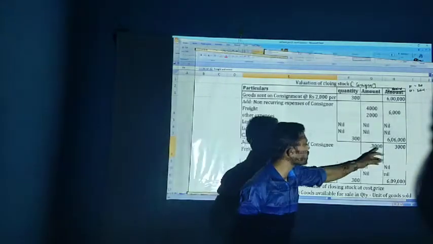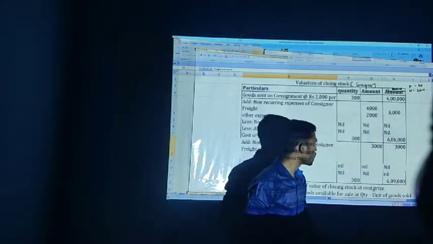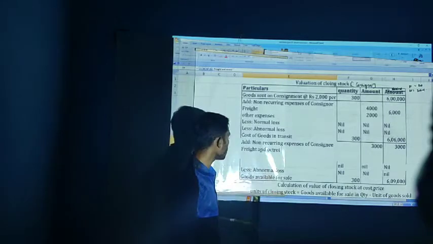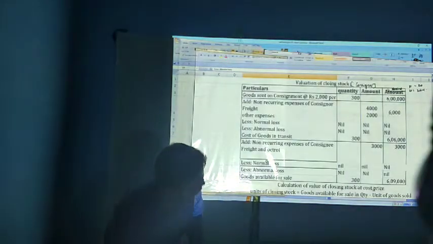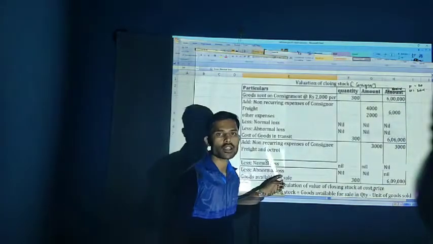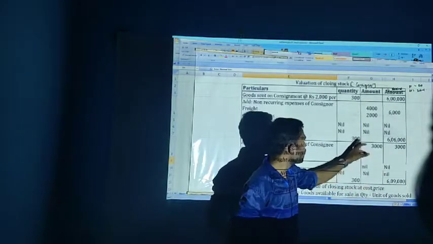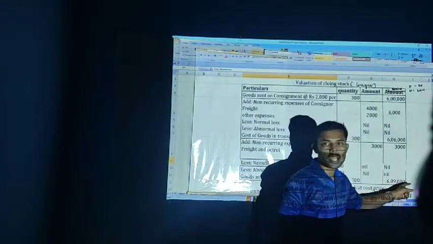The amount is 3,000. Adding this 3,000 to 6 lakh 6,000, the amount will be 6 lakh 9,000. For this, make any normal loss and abnormal loss less. If there is no normal or abnormal loss, then show nil. The quantity of 300 will be the same, and the amount is 6,09,000.